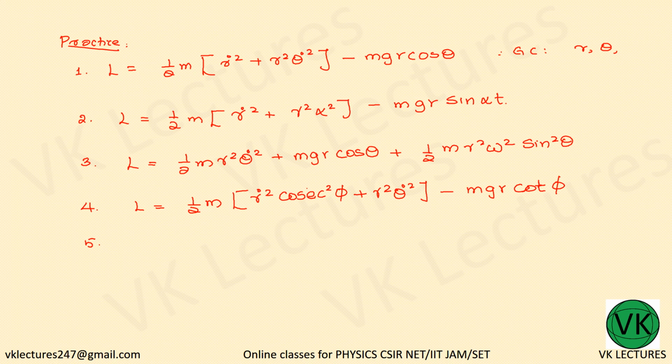L is equal to half m rho dot square into 1 plus a square rho square plus rho square phi dot squared minus mga rho square by 2.